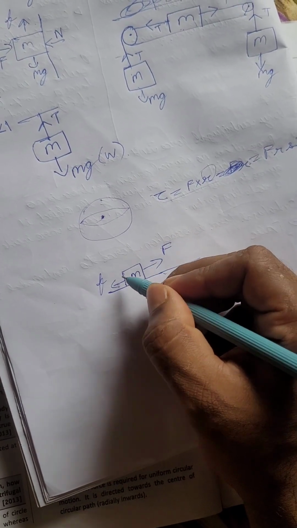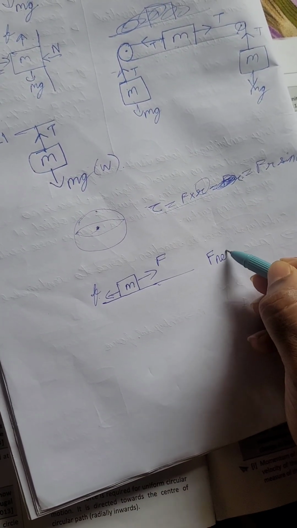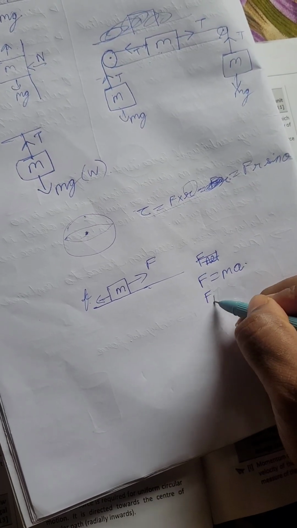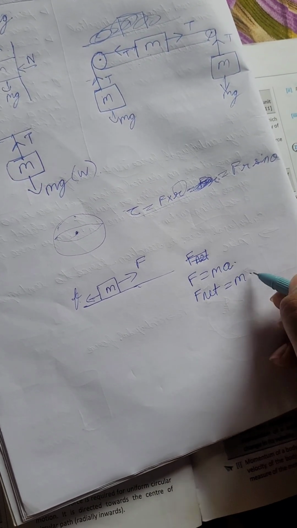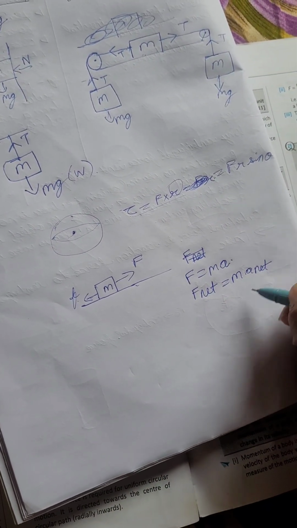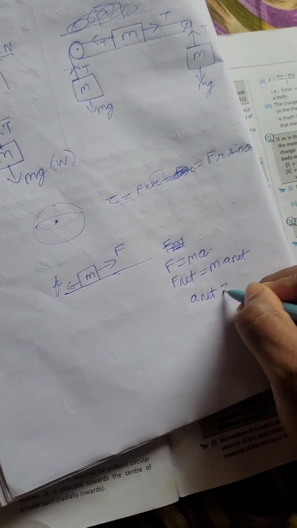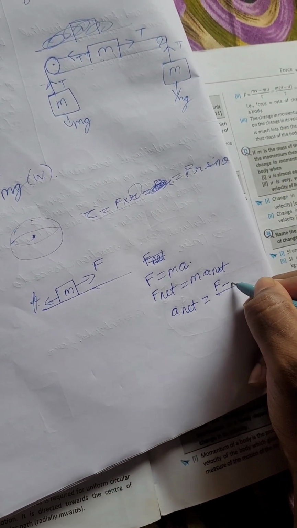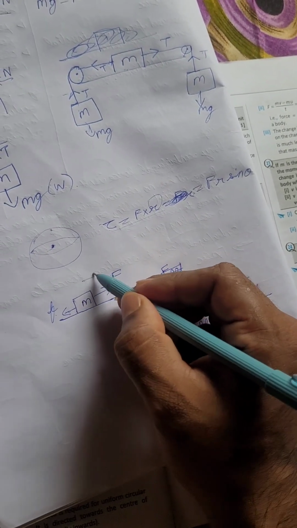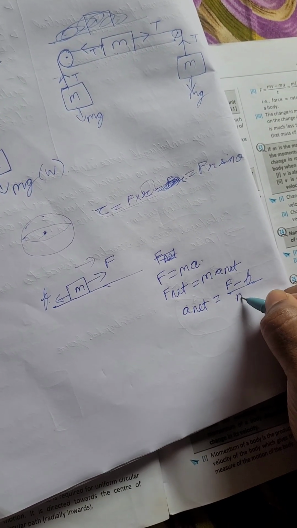So basically, friction is a force. We know the formula of force, F equal to mass into acceleration. Here mass is constant, so F net gives the net acceleration. Let's suppose the body is moving in this direction, then acceleration is (F minus f) divided by mass.